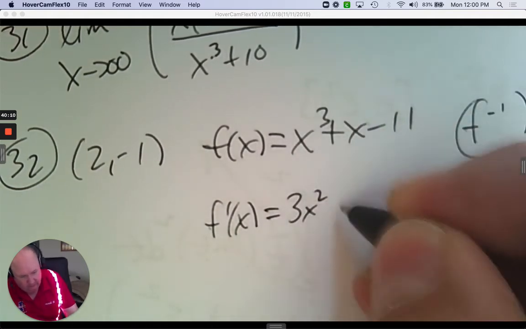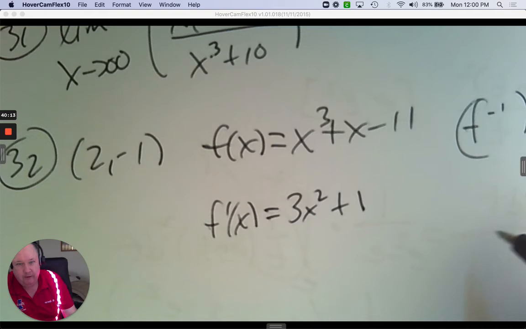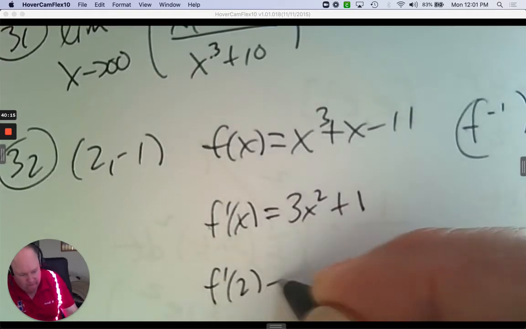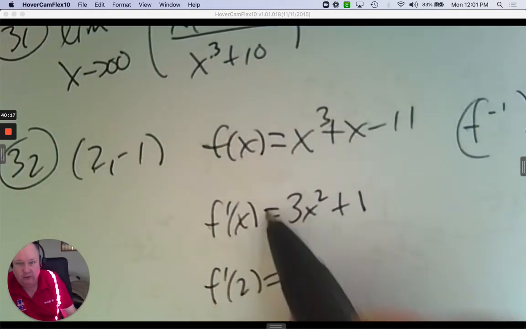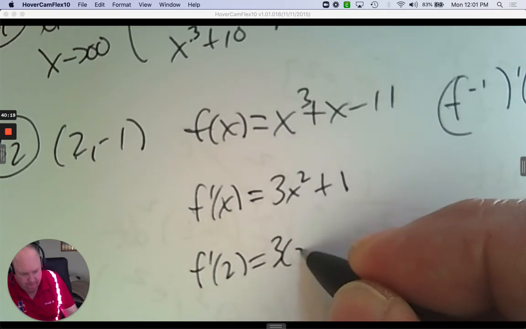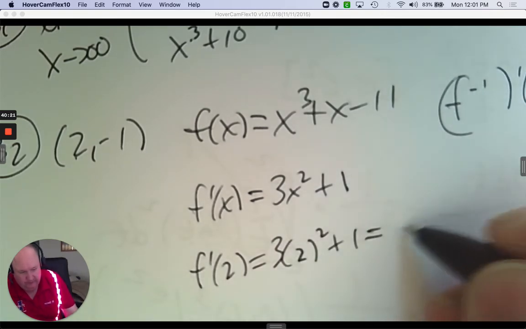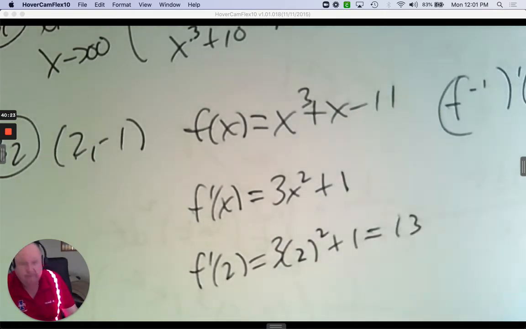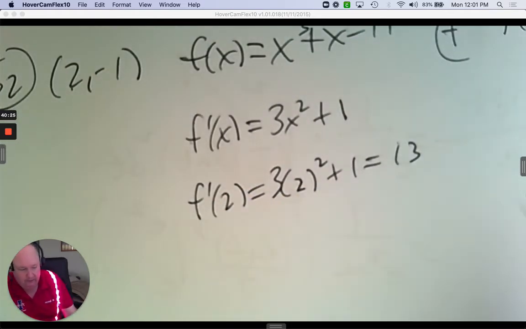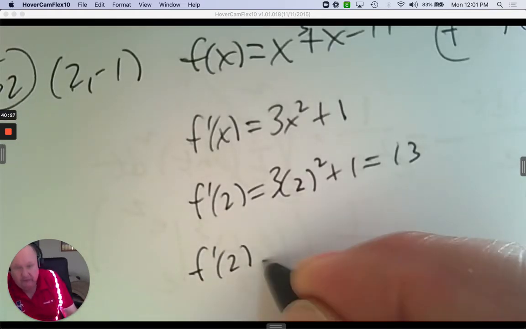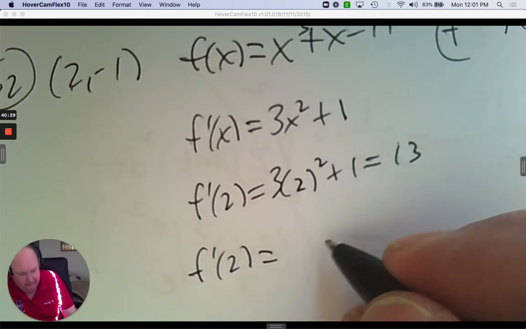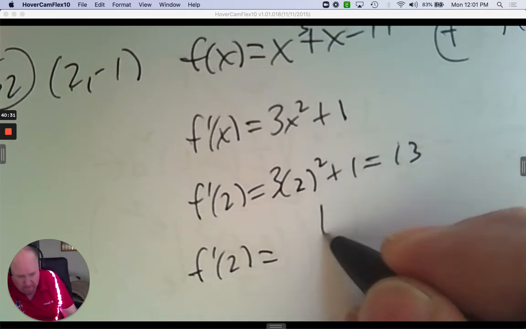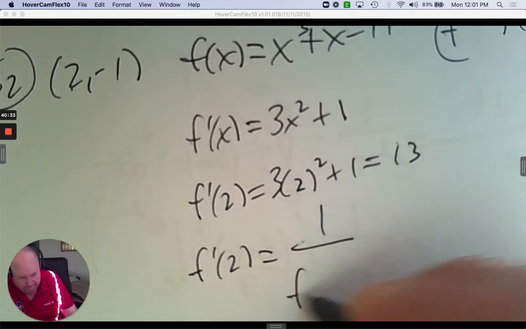That's 3x squared plus 1. We're going to plug 2 into here. That gives me 13. Then I'm going to understand that the derivative at 2 and what I'm looking for are reciprocals.